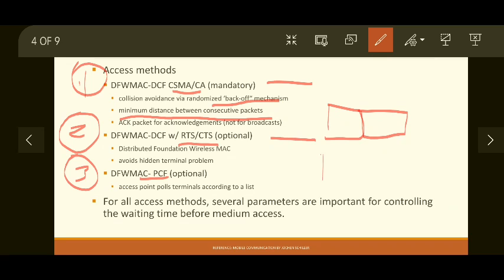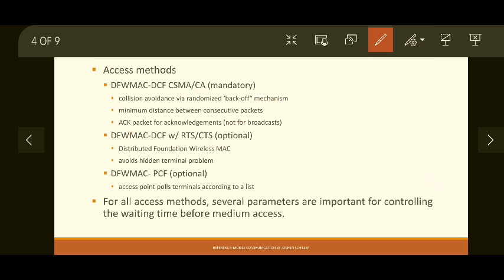There is some gap between two packets, and that gap avoids the collision. That is how we are going to work, and we will see it in detail afterwards. For multicast or unicast packets, acknowledgement is demanded in this particular scheme. So an ACK packet is used by this method, but it is not used for broadcast packets.